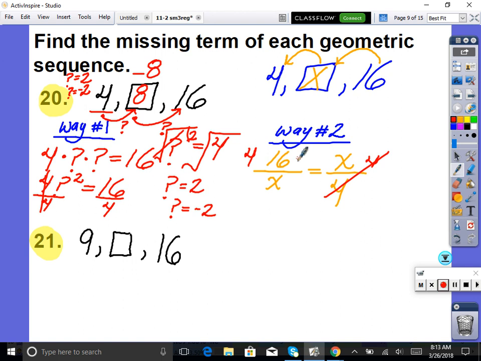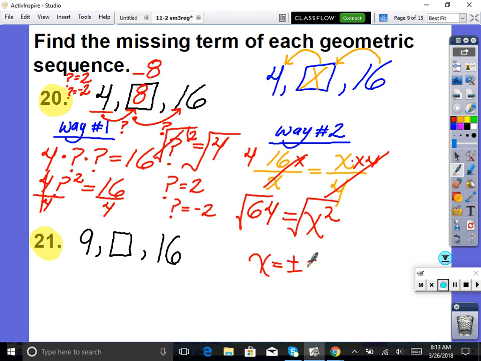Do you see how the x's divide out? 4 times 16 is 64, equal to x times x, which is x squared. Now we'll solve for x. What would we do? Square root both sides. So you said x is equal to either positive or negative 8. Yes. And that was solving directly for the missing value. Both ways are great. Not one is better than the other.